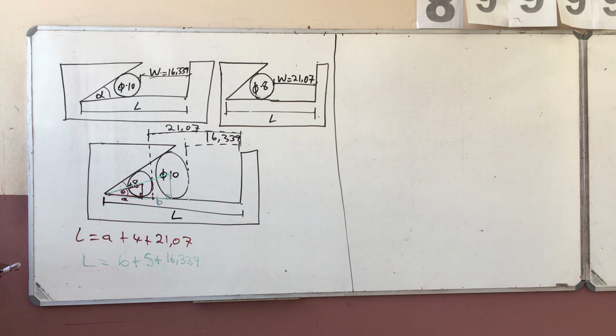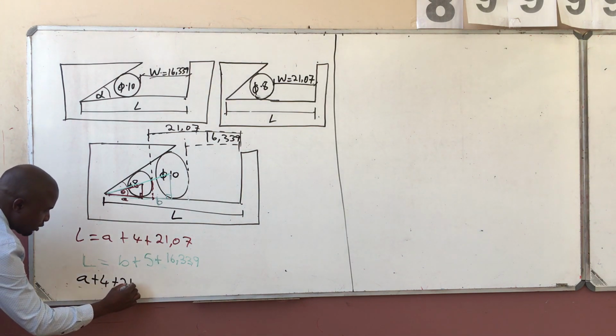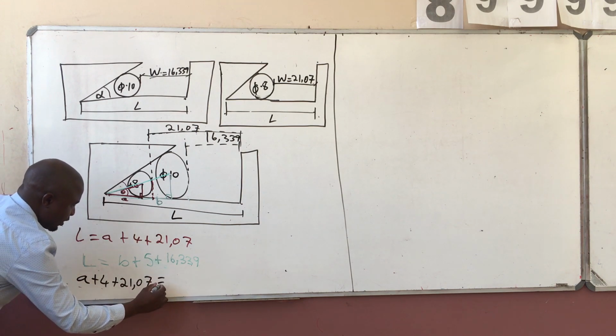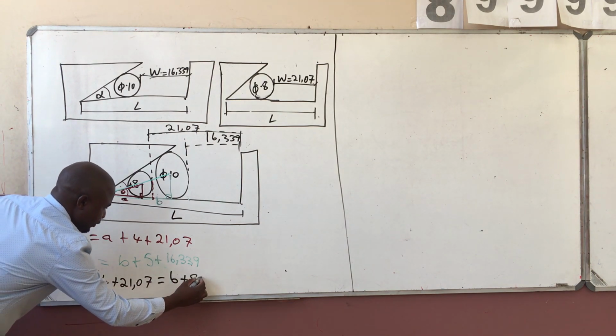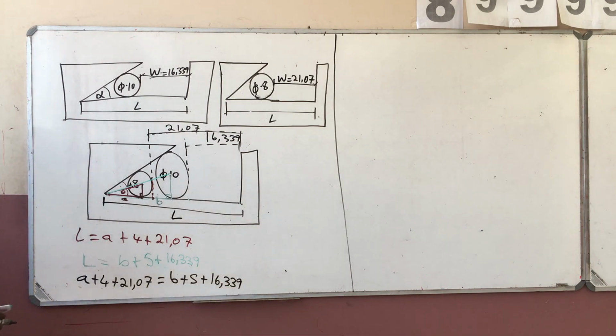And if you check here, this is L, the same distance, meaning they are equal. I can write this as the red L being equal to the green L: A plus 4 plus 21.07 is equal to B plus 5 plus 16.339. So now I should find A and B.